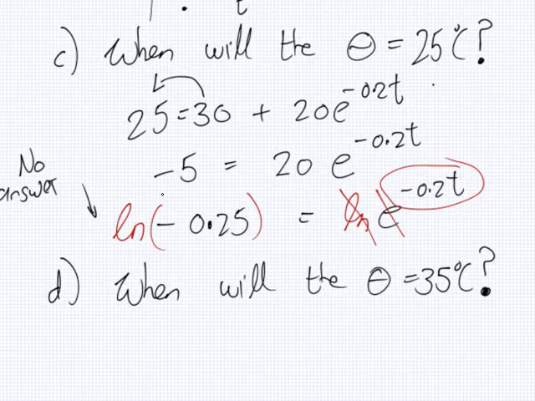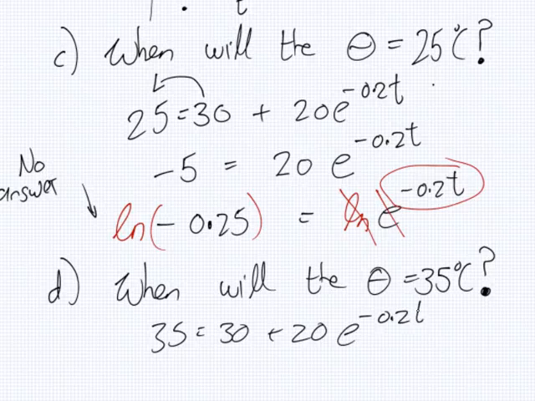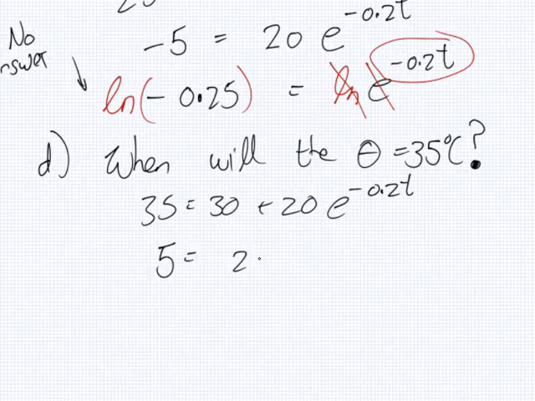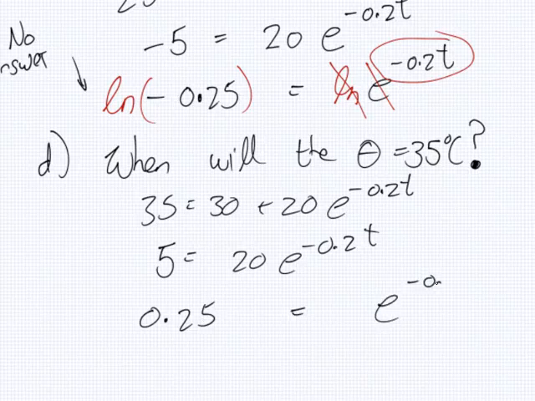Okay, do you have a time here? So we have 35 equals 30 plus 20e minus 0.2t. And then next we have 5 equals 20e minus 0.2t. So we get 0.25 equals e minus 0.2t, because I divide by 20.